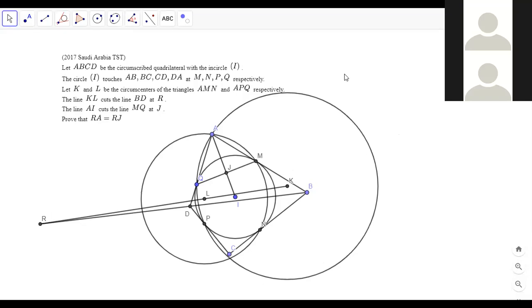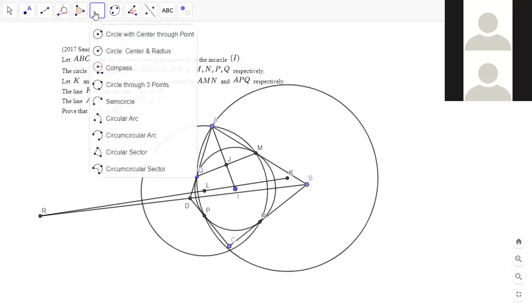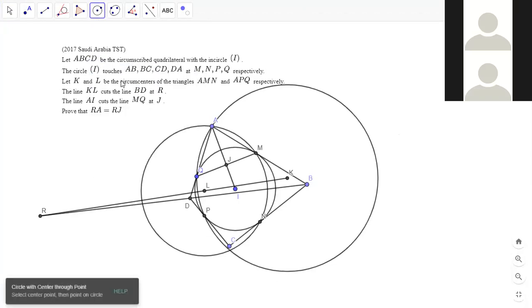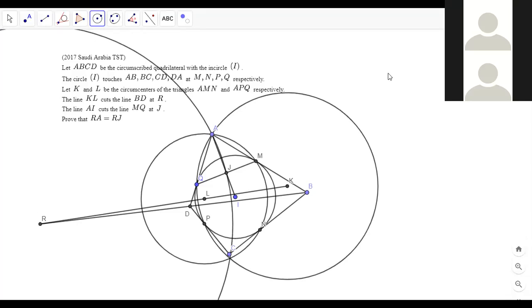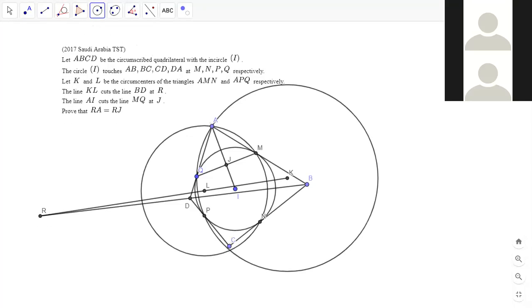Is RA equal to RC? Let's check. I don't think so. It looks really close, but, oh yeah, because R lies on KL, so that would only be true if C is on the intersection of the circles.